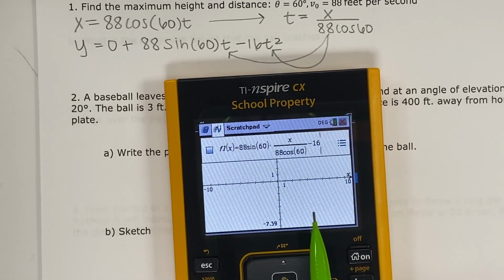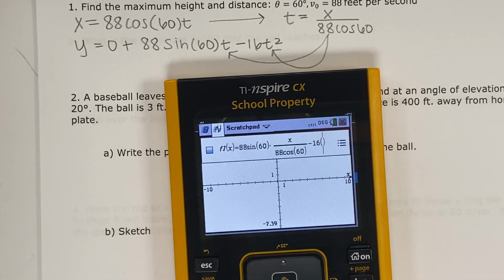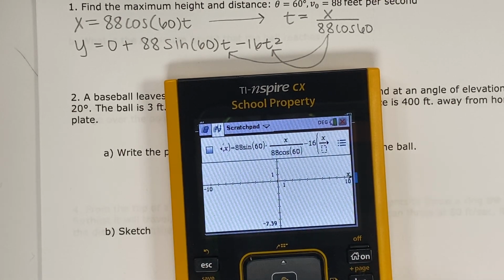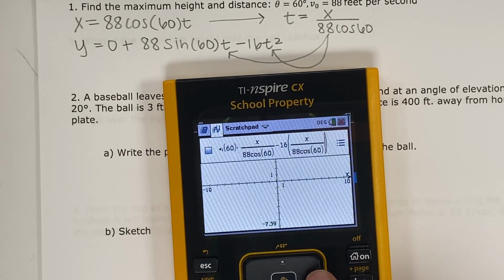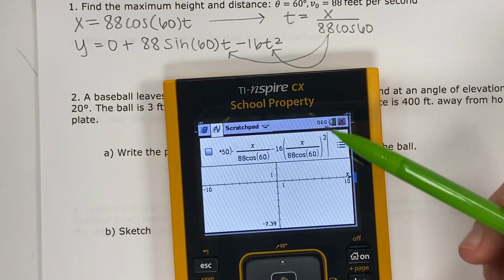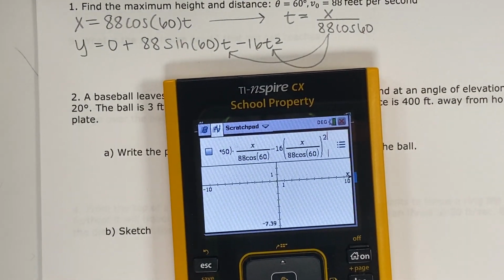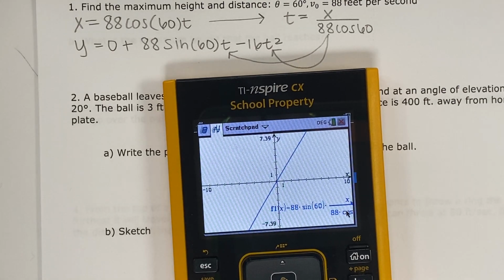And then this t value, I'm gonna put in parentheses because I have to square it. X over 88 cosine 60, arrow out of the parentheses so you can square it. Now your 16 isn't squared, just your t. Push enter so you can graph it, and then we're gonna have to zoom out.